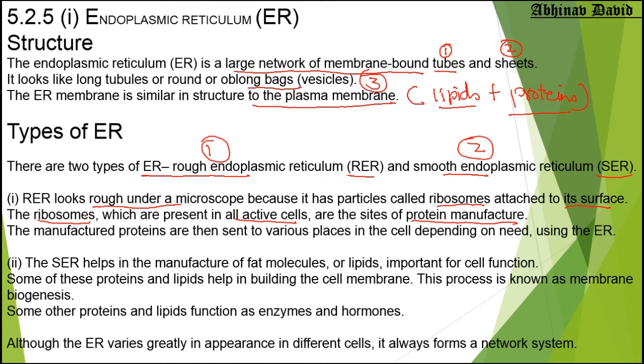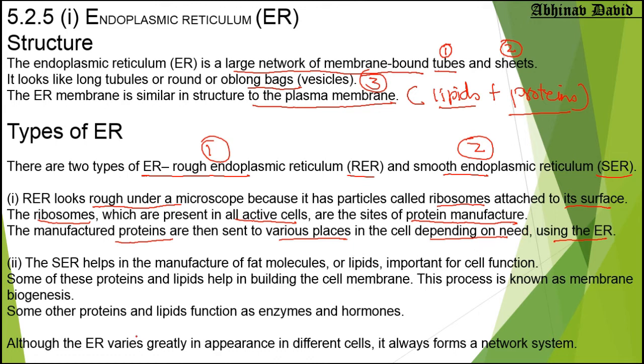Since these ribosomes are attached to the rough endoplasmic reticulum, the rough endoplasmic reticulum also produces proteins. The manufactured proteins are then sent to various places in the cell depending on the need using the ER. So the ER is also doing what? Transporting of the proteins. It is not only manufacturing protein, but it is also transporting the proteins.